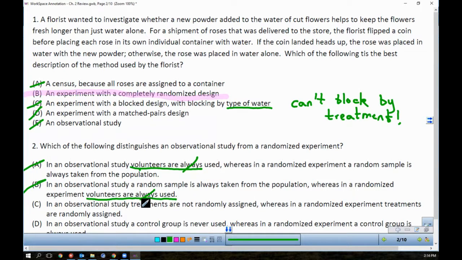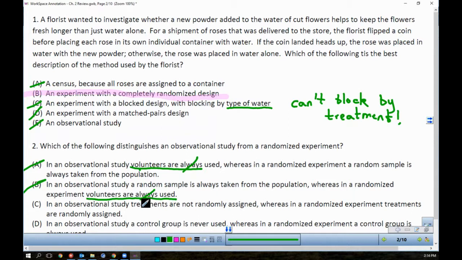C, in an observational study, treatments are not randomly assigned, whereas in a randomized experiment, treatments are randomly assigned. What do y'all think on C? It can still be random on an observational study.